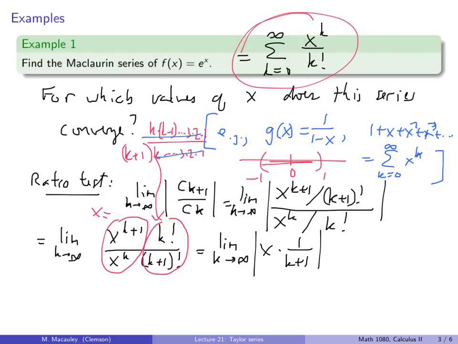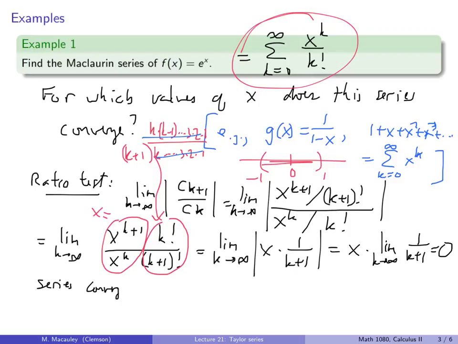So x is some finite number, and we're dividing it by something that gets larger and larger. So I can write this as some number x, that's not changing, times the limit as k goes to infinity of 1 over k plus 1, and that's something finite over something huge, so that's going to be equal to 0.